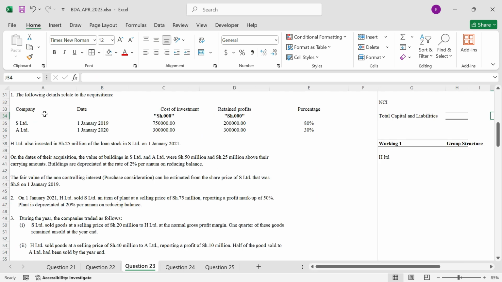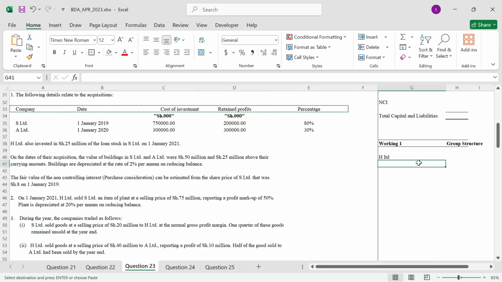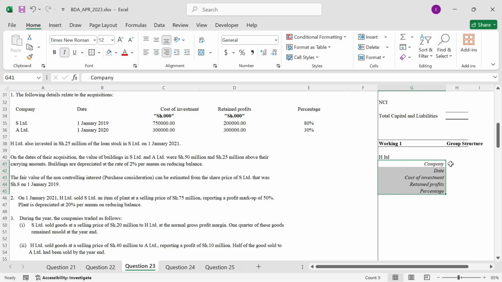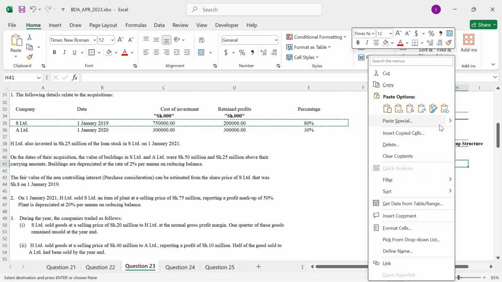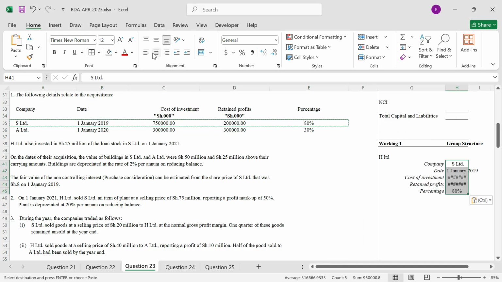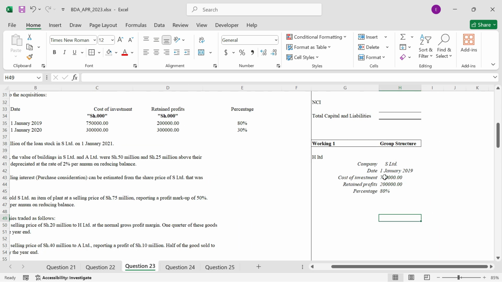H has acquired capital details about its acquisition of A and S. So if today is the 31st December 2023, we bought S in 2019, so we have had S for 4 years.